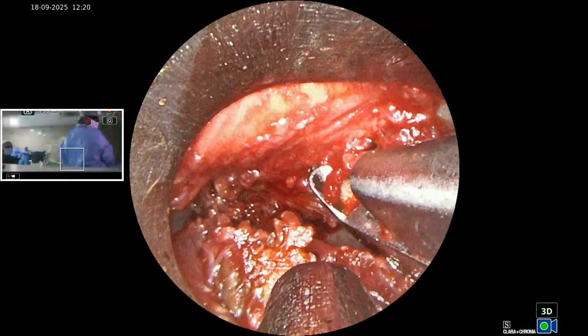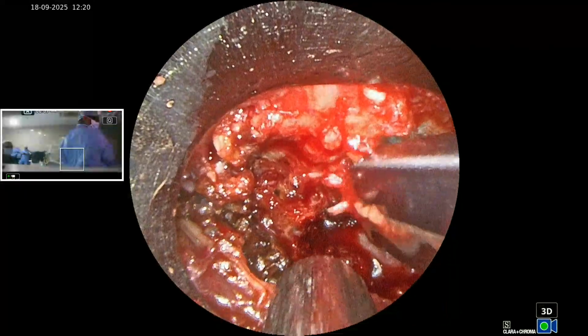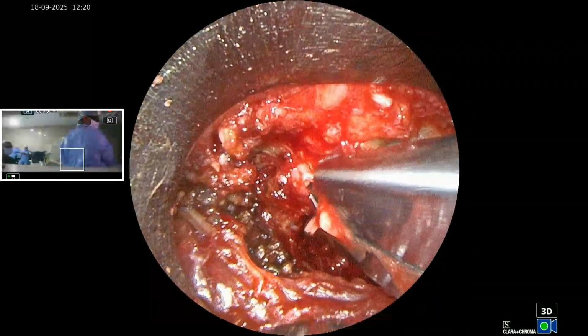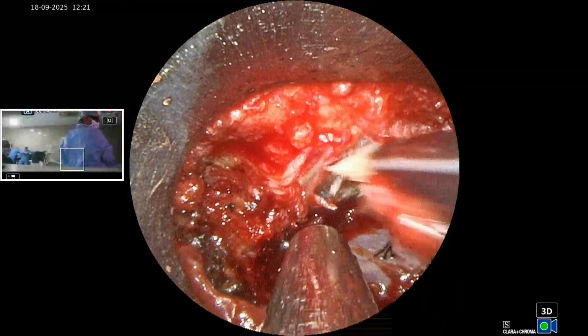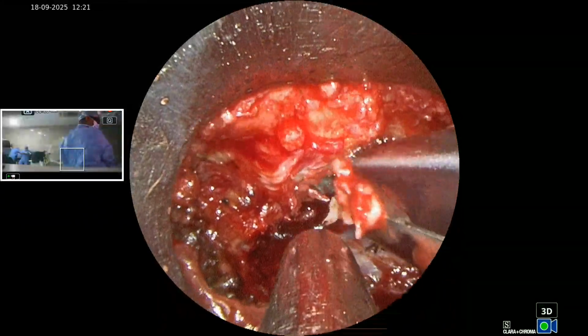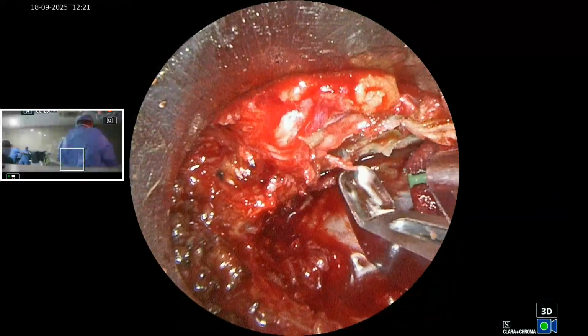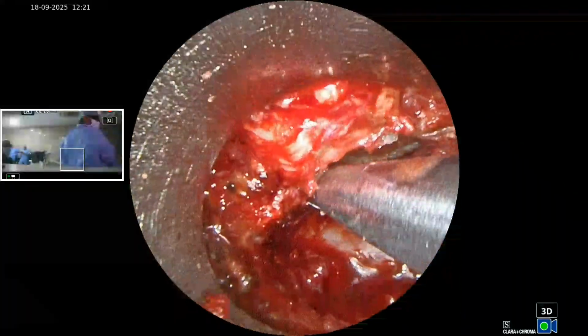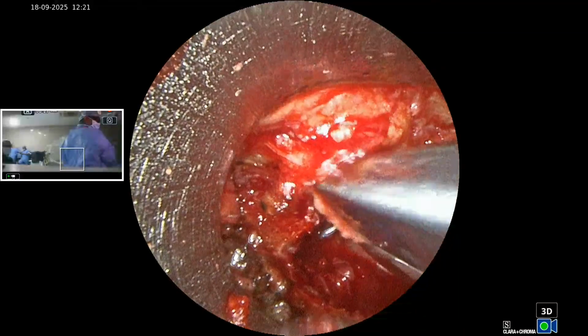So that's why very easy to handle the two-level stenosis, severe stenosis, bilateral decompression over the top from the single port, 25 millimeter round incision. 20 to 25 millimeter incision will be enough to decompress.